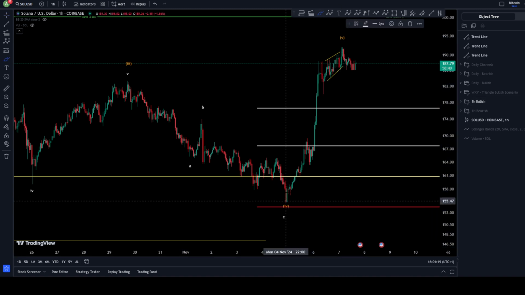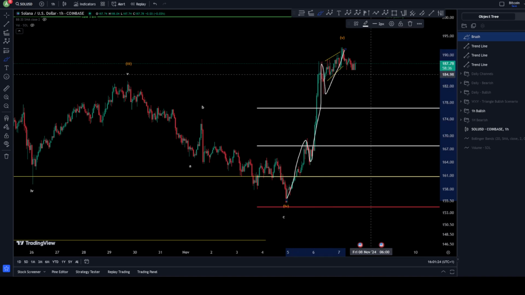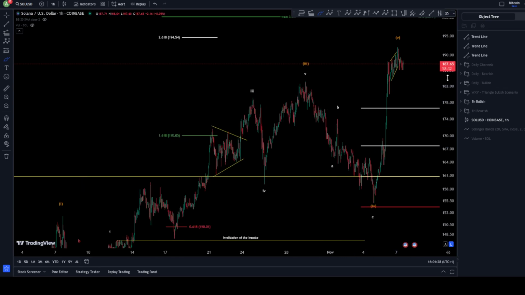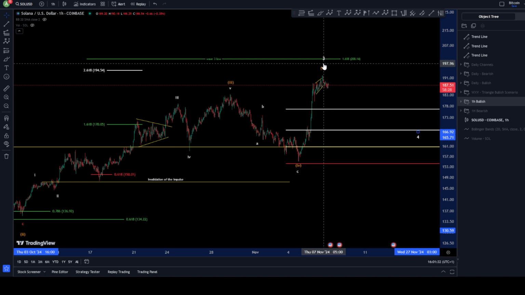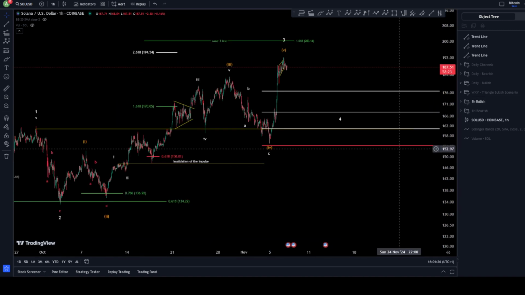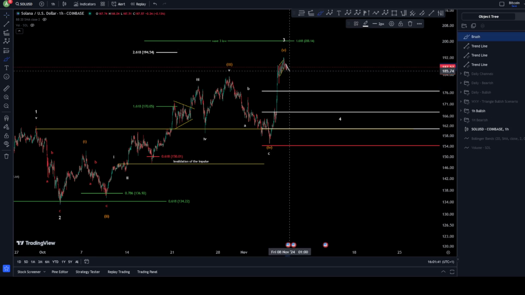It's not like Bitcoin. Bitcoin did not finish this wave as an impulse. So we have finished this as a 1, 2, 3, 4, 5. We have finished a wave 5 in the orange scenario, and therefore we have finished a wave 3 in the white scenario. And then now definitely, guys, we are looking for a retracement. This is a very sharp volatile wave towards the upside.